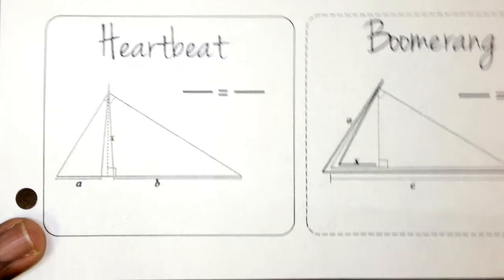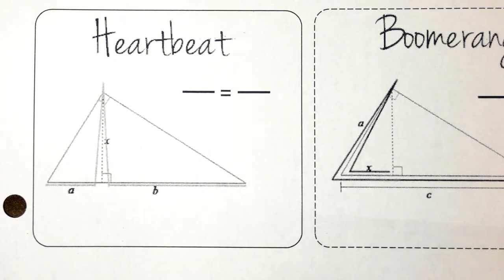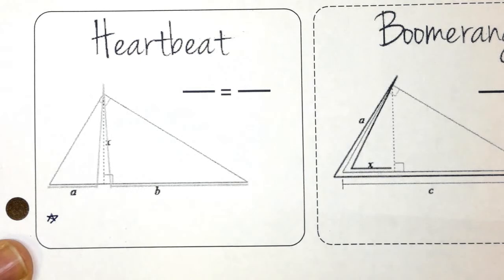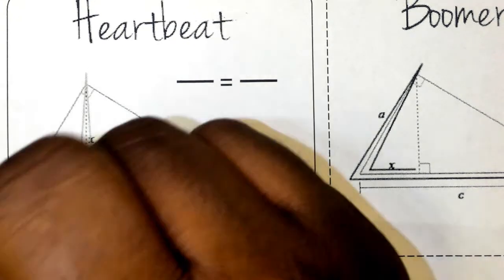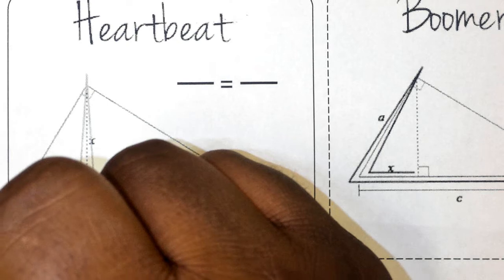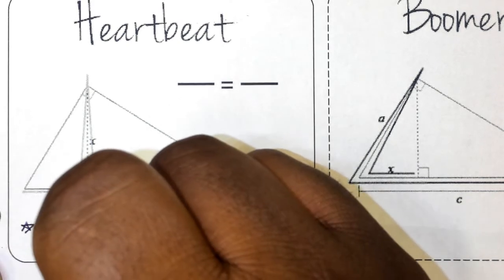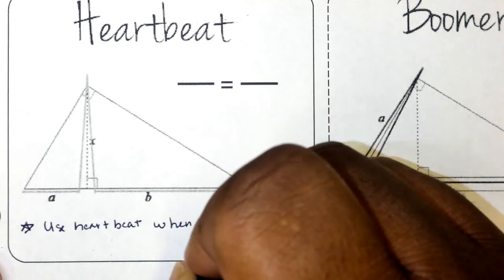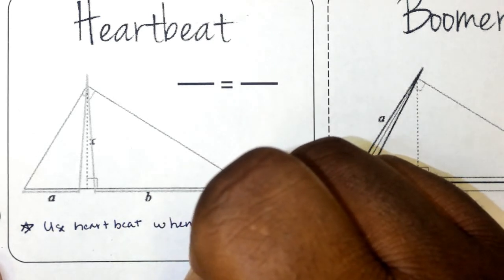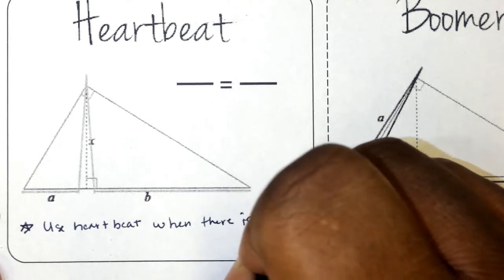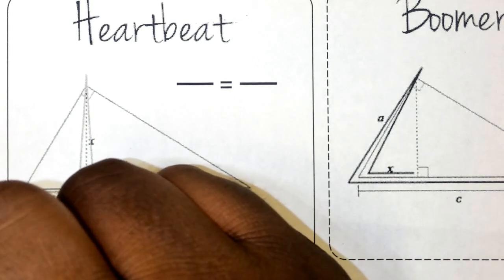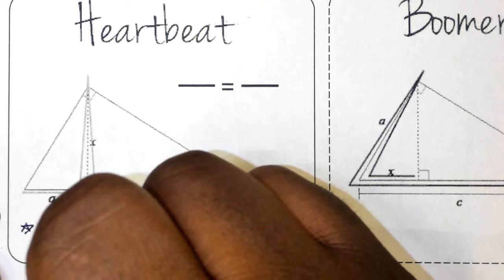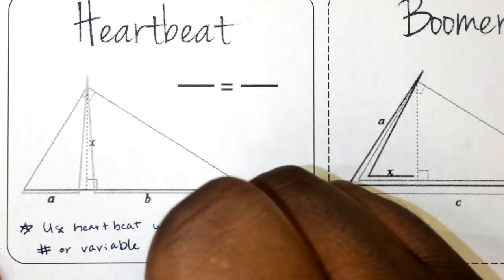Let's talk about heartbeat. We're gonna make a note on the heartbeat too. And the heartbeat, put a little star here. We're gonna make a note. Let me zoom in a little bit more. Use heartbeat when there is a number, and I'm gonna use a hashtag for number, or variable on the altitude.